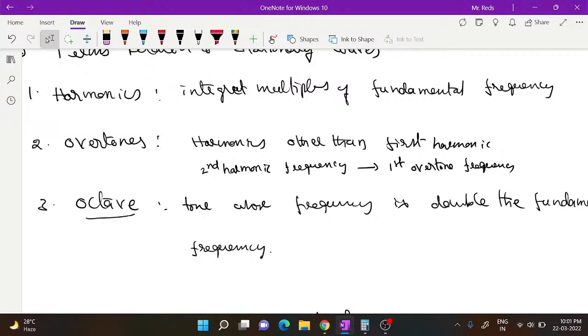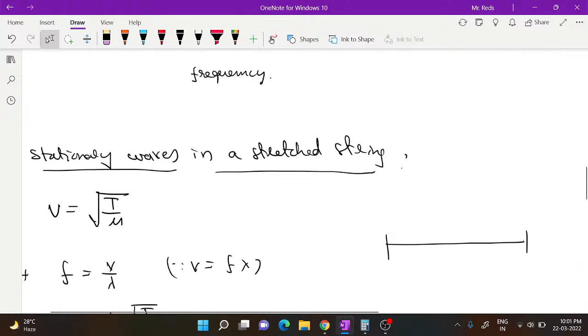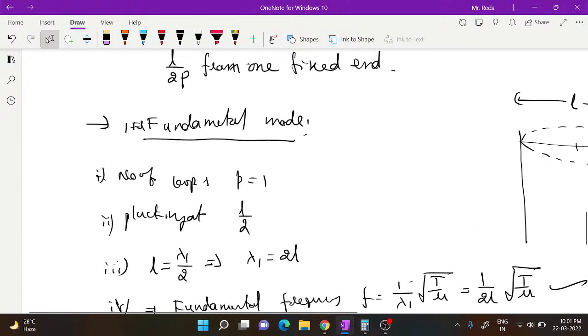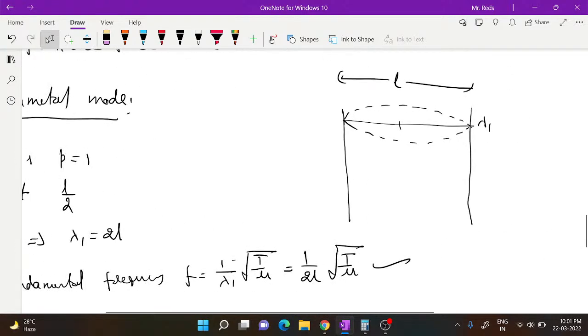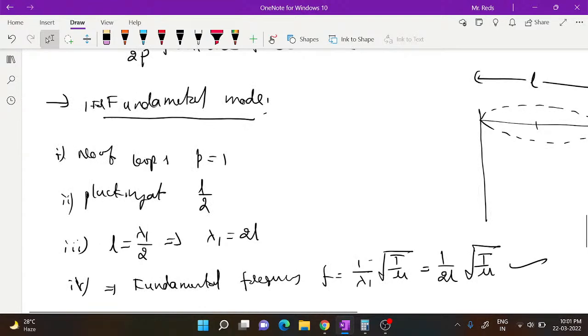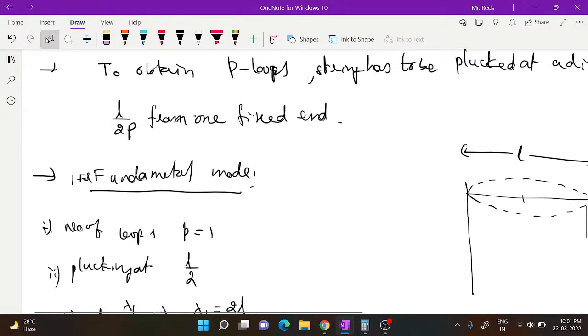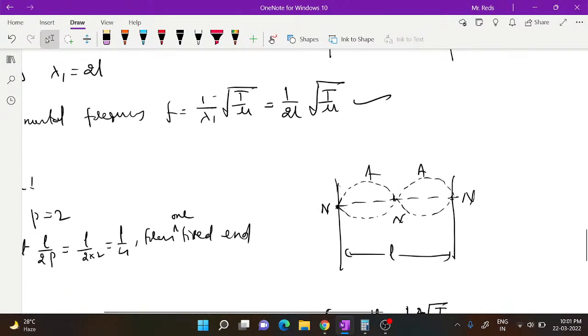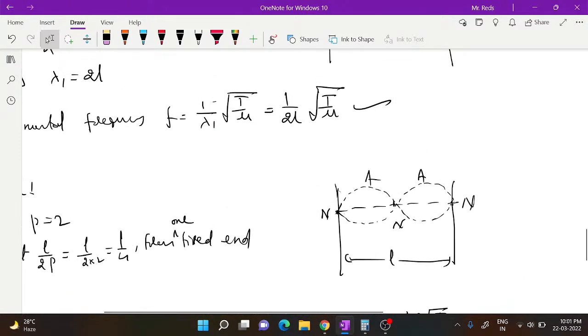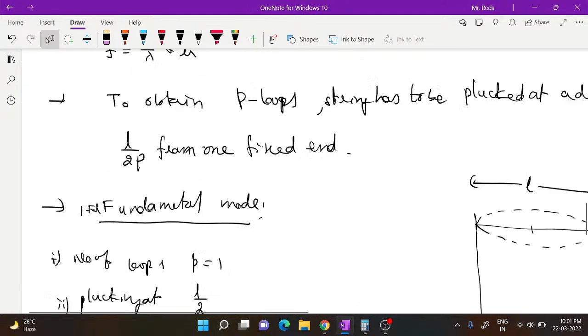These are a few points. Again, you can understand this in the case of a string which is fixed at both ends. This is explained. So this is when both ends are fixed; now only one end is fixed.